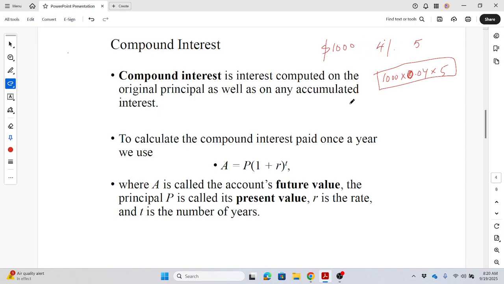Then after a year we do the calculation for the interest using the simple interest formula.